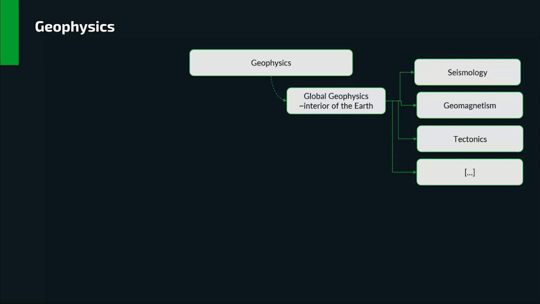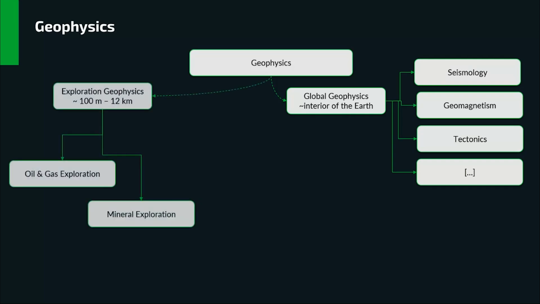I believe the data was not as useful as they expected, but the idea is that they could do it, and as technology advanced, they got better resolution and more useful data. So geophysics is not constrained to the Earth itself. It's a much bigger discipline as a whole.